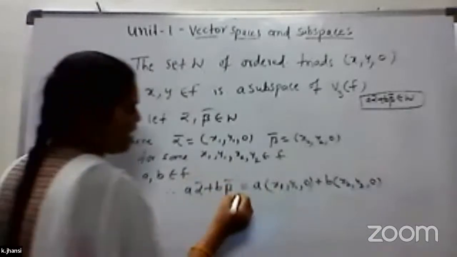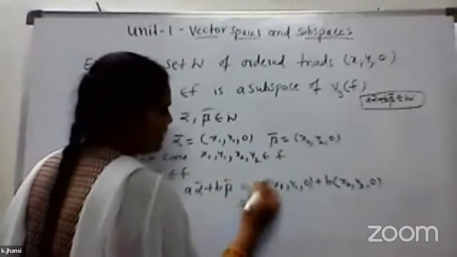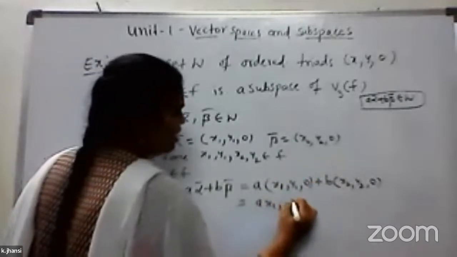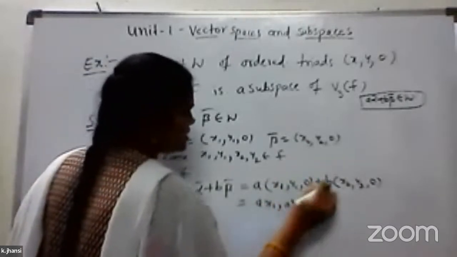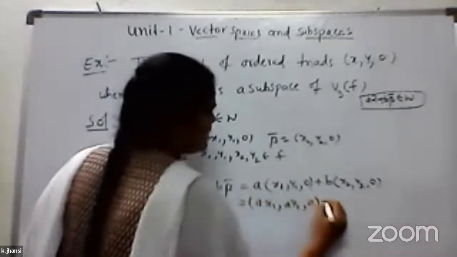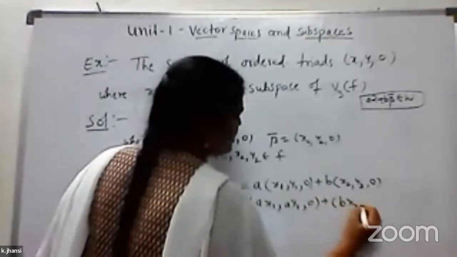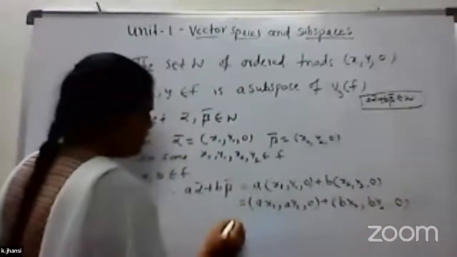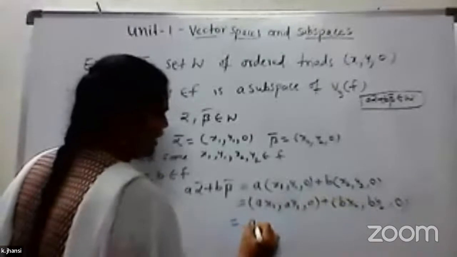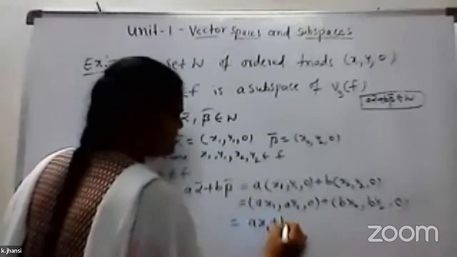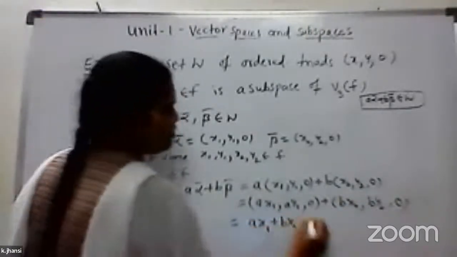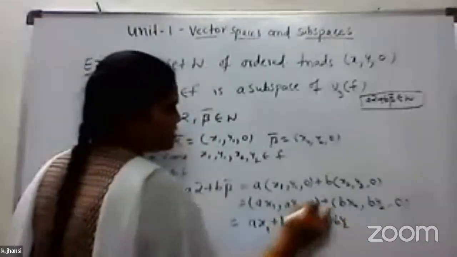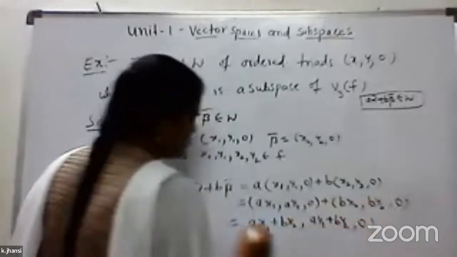Now multiply a into this one and b into that one: you get a x1, a y1, a into 0 is 0, plus b x2, b y2, and b into 0 is 0. Now add both, and you get a x1 plus b x2, a y1 plus b y2, 0 plus 0.